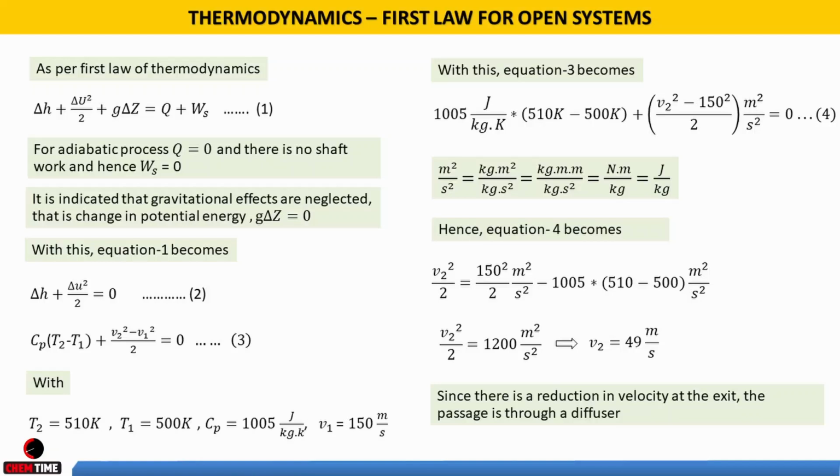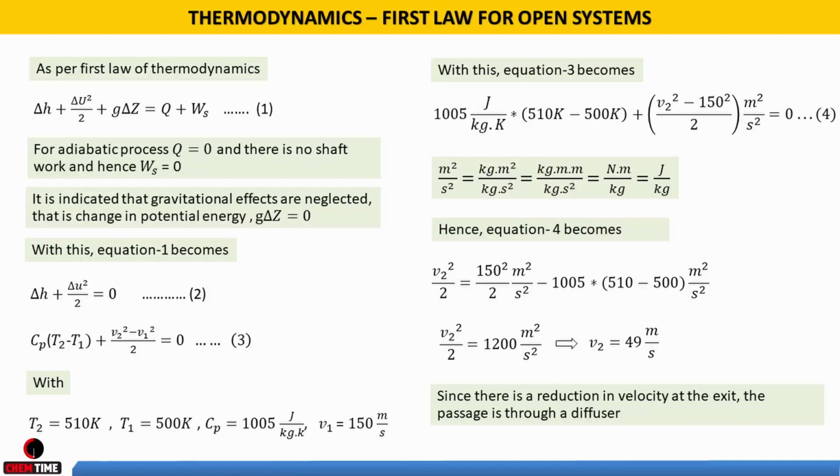Given T2 is equal to 510 K and T1 is equal to 500 K, Cp is 1005 joules per kg Kelvin, V1 is 150 meters per second. With this, we can write the simplified equation as 1005 joules per kg Kelvin into (510 Kelvin minus 500 Kelvin) plus (V2 square minus 150 square) by 2 meter square per second square is equal to 0.